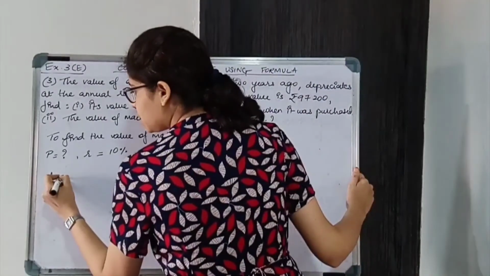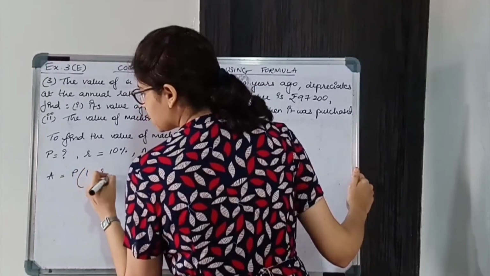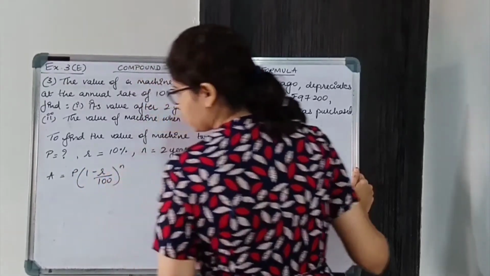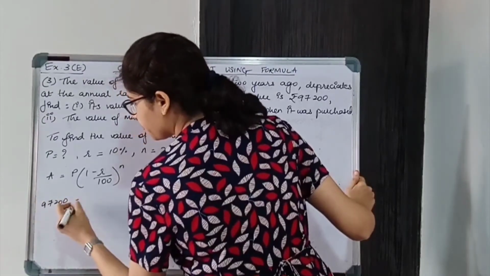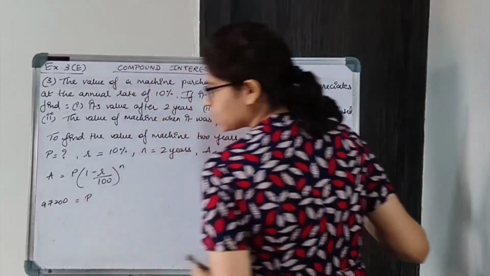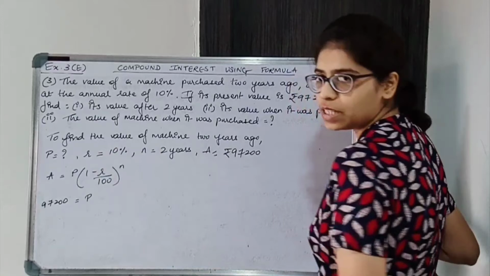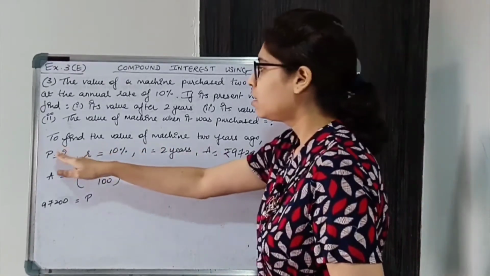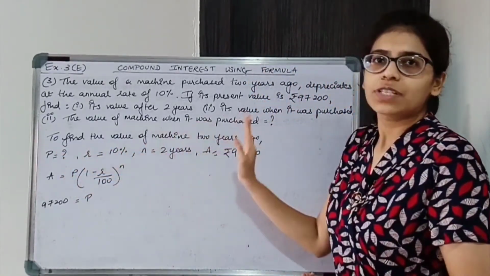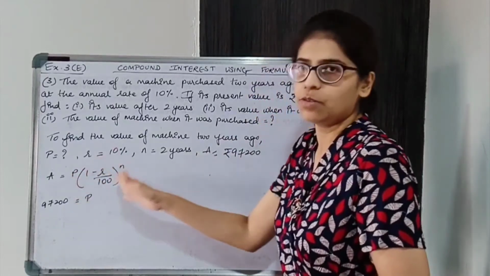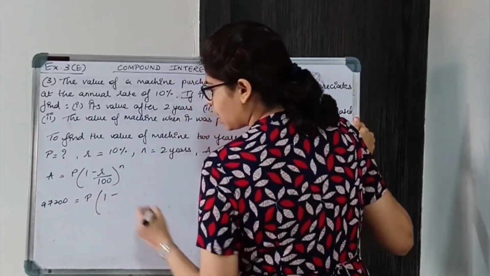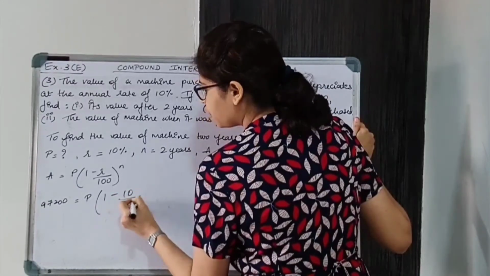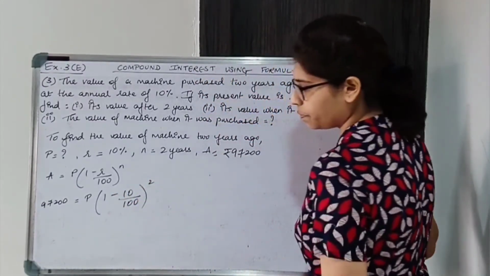So A is equal to P into 1 minus R upon 100 raised to N. A is 97200. P we'll keep as it is. You can assume that the value of the machine 2 years ago was X rupees, so in place of P you can write X. So 1 minus R is 10 upon 100 raised to N is 2.